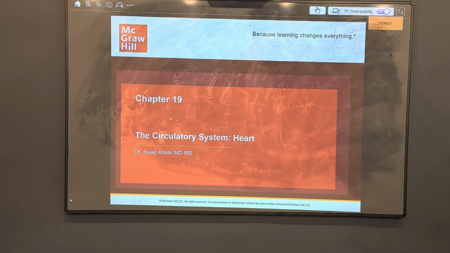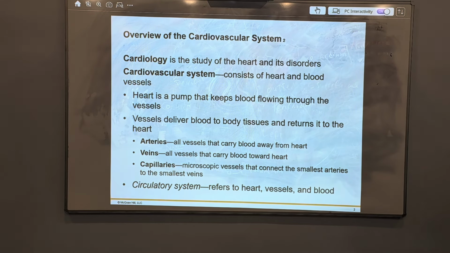So, the pump that makes the heart move, the pump that makes the blood move. That's why you die when your heart stops, because nothing is pumping the blood.